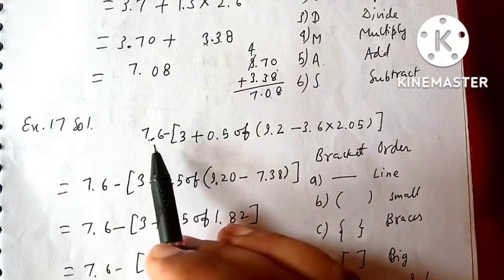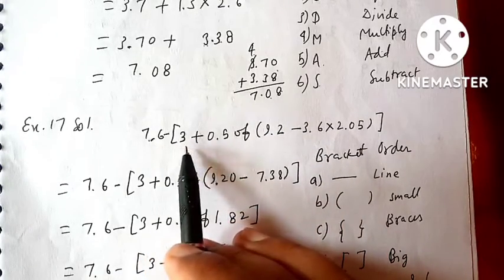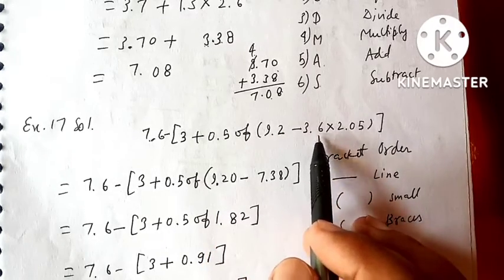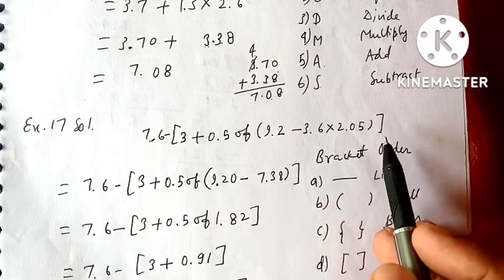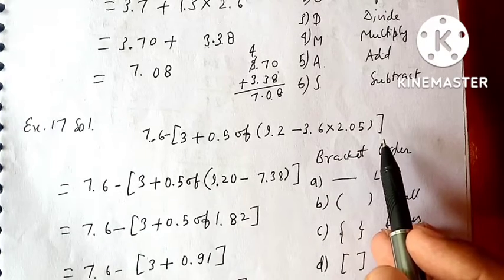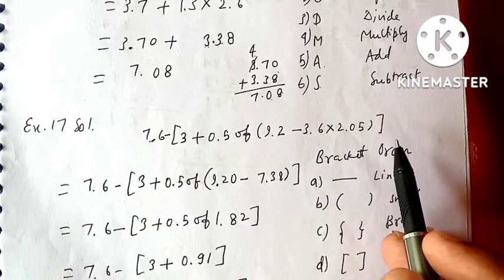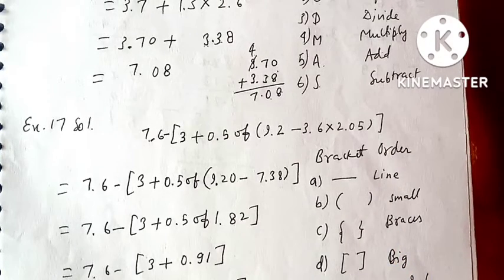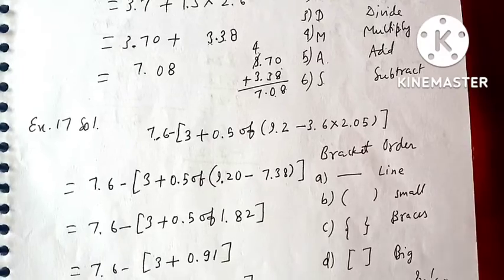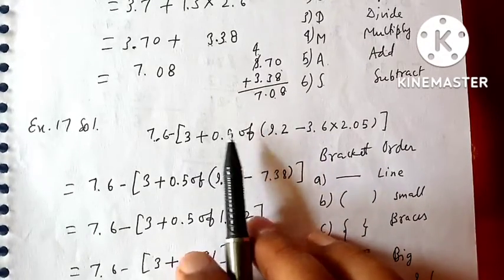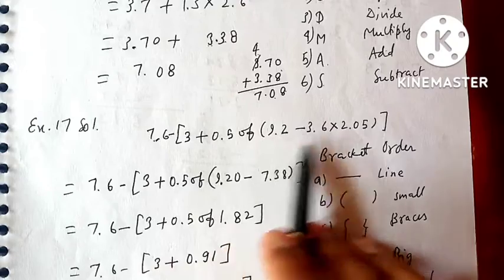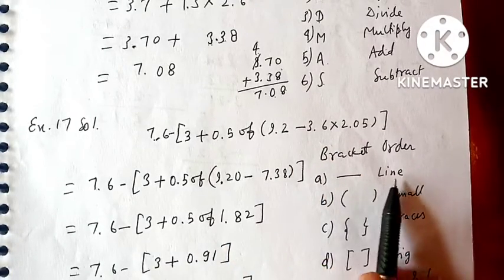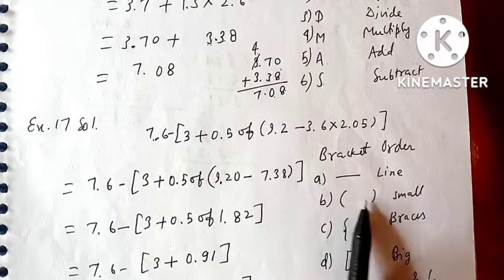Now here we have 7.6 minus big bracket 3 plus 0.5 of 9.2 minus 3.6 into 2.05. So here firstly operate line bracket, then a small bracket, then braces.